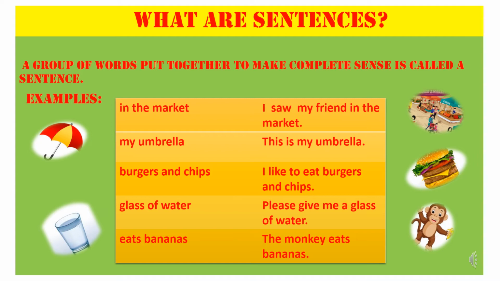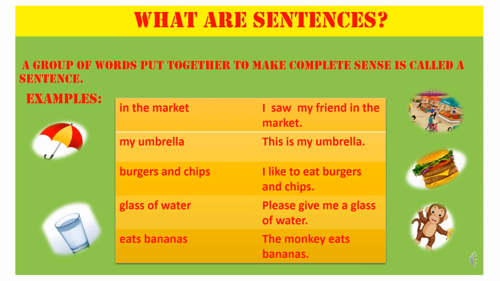Next is my umbrella. Now, if I say my umbrella, you are going to wonder, my umbrella? What happened to ma'am's umbrella? But if I say, this is my umbrella.